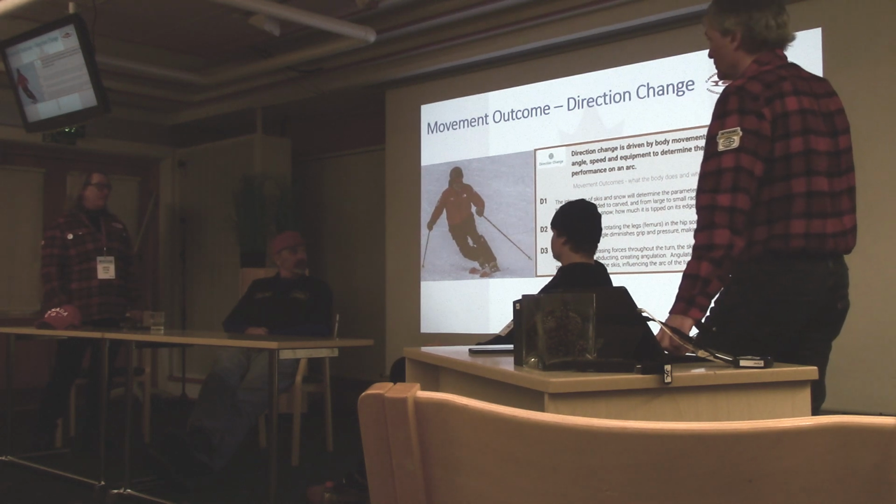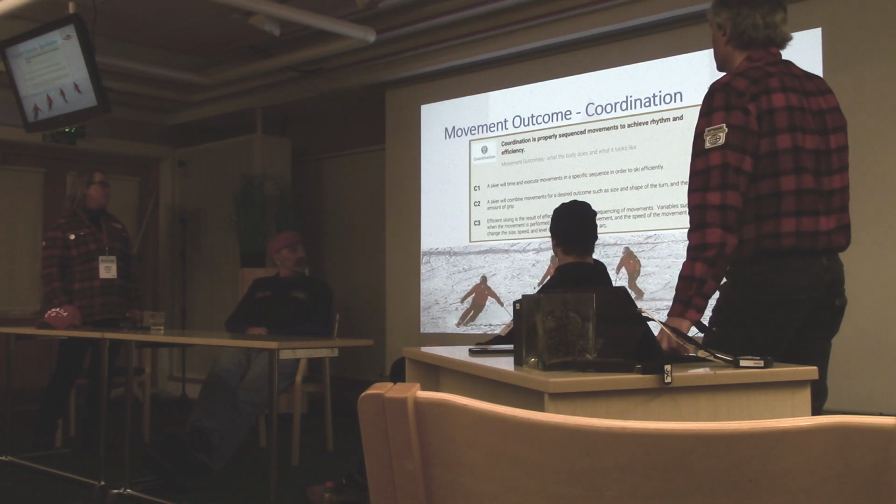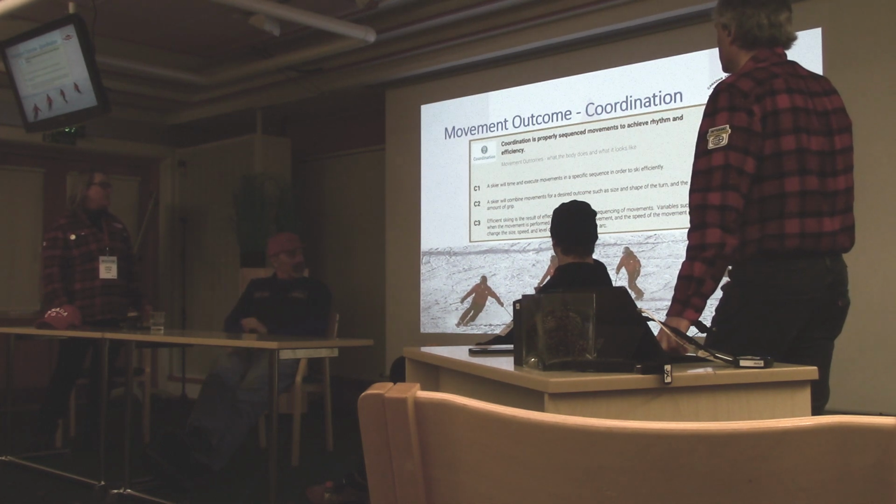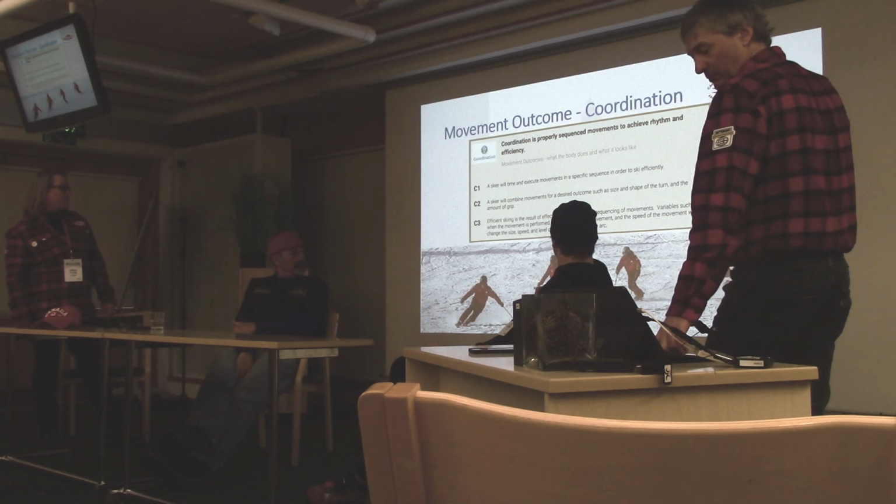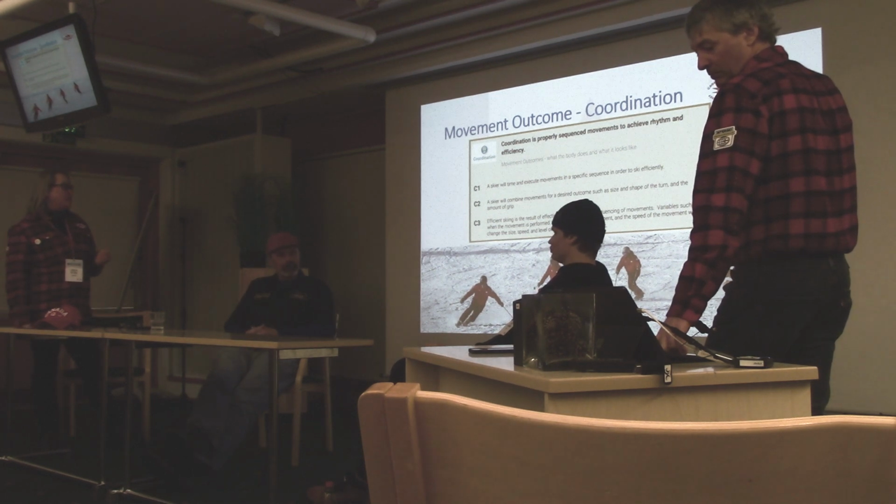Is that good? And then the coordination. Coordination is the sequence of movements to achieve rhythm and efficiency. That's decision making, adapting to speed, and the skier will time and execute movements in specific sequences.